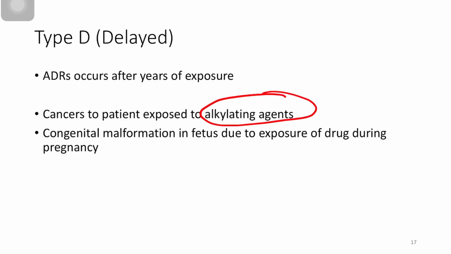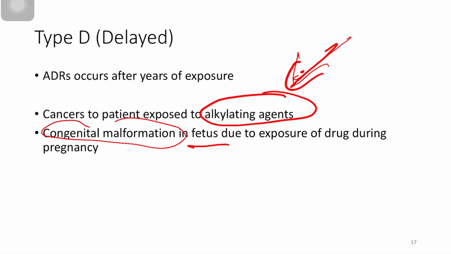Alkylating agents are anti-cancer medications, and they are basically used to treat some cancers, but they might end up causing another type of cancer. So cancer due to anti-cancer drugs that occurs due to years of exposure comes under delayed type of hypersensitivity. And congenital malformations in fetus due to exposure to a drug during pregnancy.